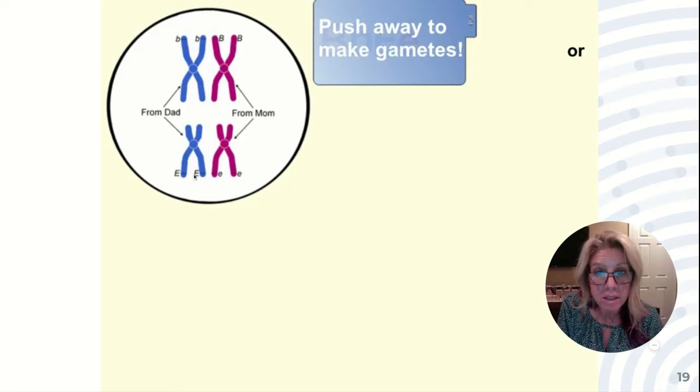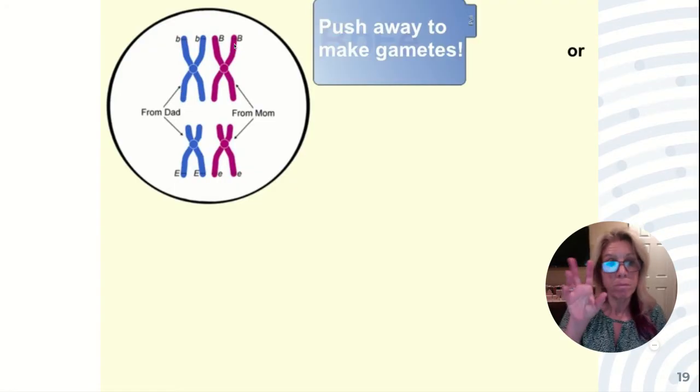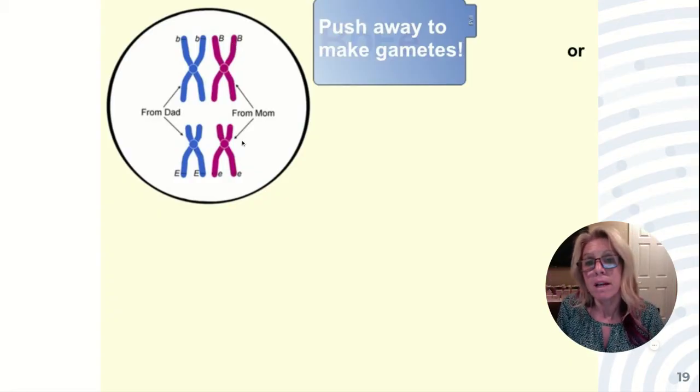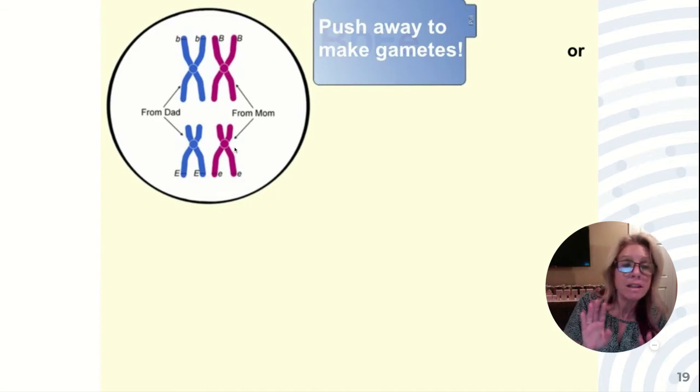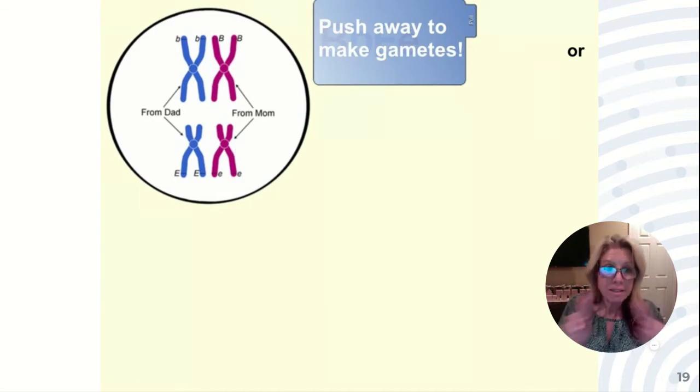So now he has these two E's. These came from the dad, and these came from the mom, big B, the mom that made this zygote, right? Okay, she had big B and little e. If they line up in this way, and they separate from each other, then you would expect little b with big E and big B with little e.